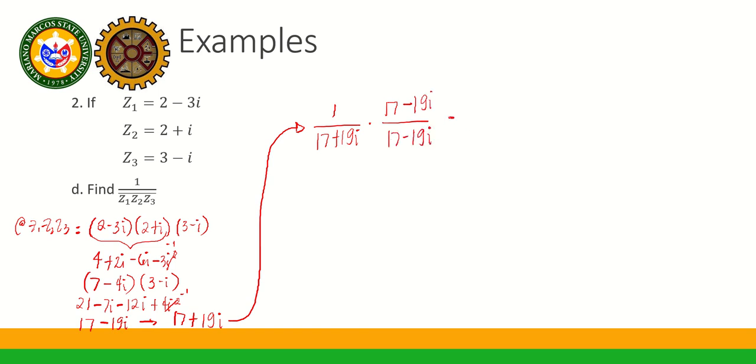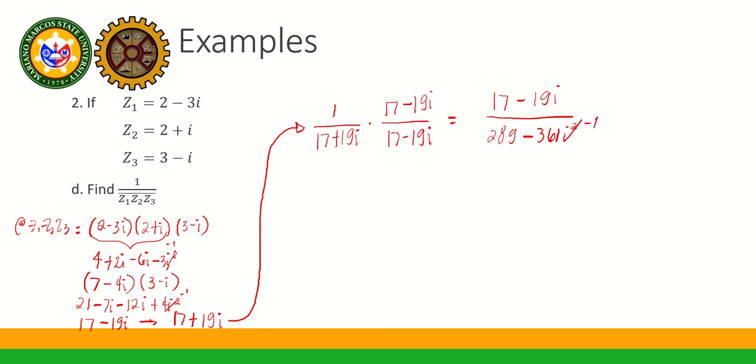So, this will be equal to 17 minus 19i all over 17 squared is equal to 289. Tapos, minus 19 squared is equal to 361 i squared.